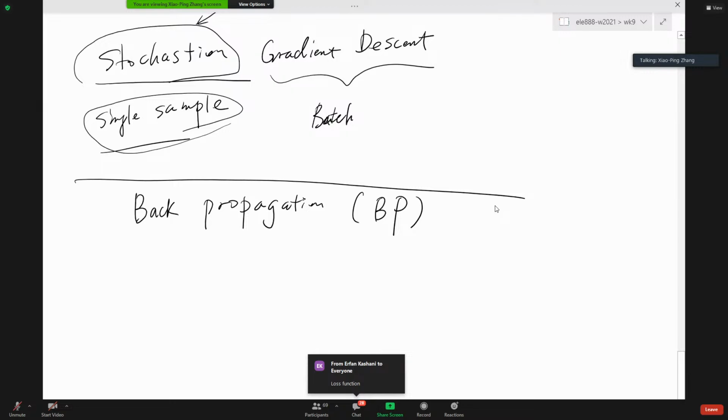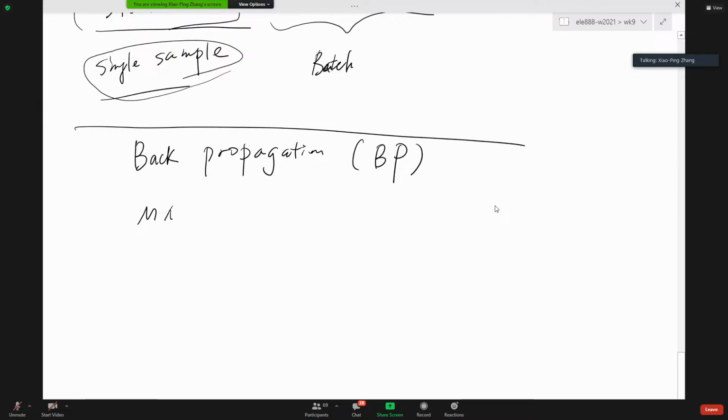Of course, even before that, you need to decide, since we're talking about the multilayer neural network, the network structure. For example, how many layers. Those are called hyperparameters, and we need to set them ourselves.